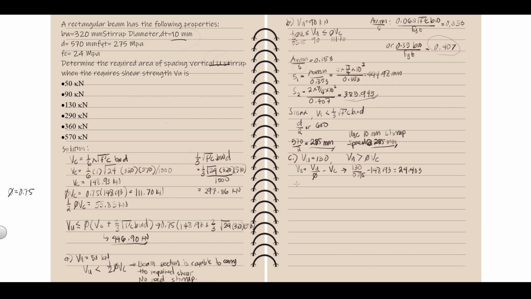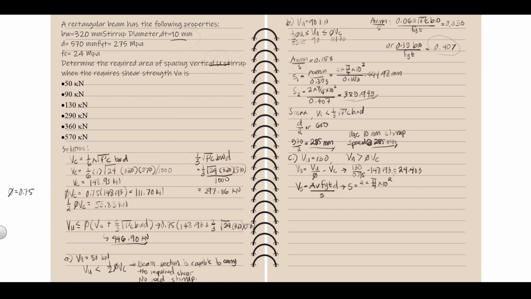Okay? So, from the formula, VS is equal to AV FYT D, right, all over S. Okay? So, we're going to get the S. So, S now is equal to AV, which is 2 times pi over 4 times 10 square.